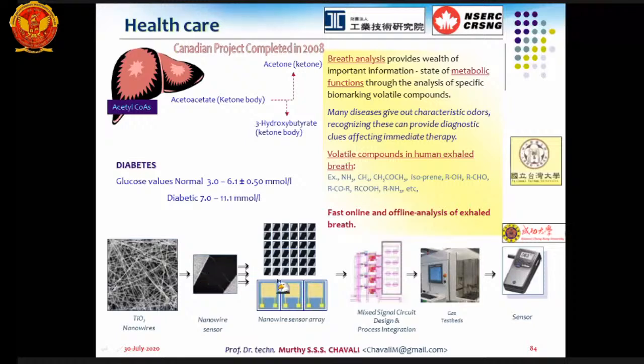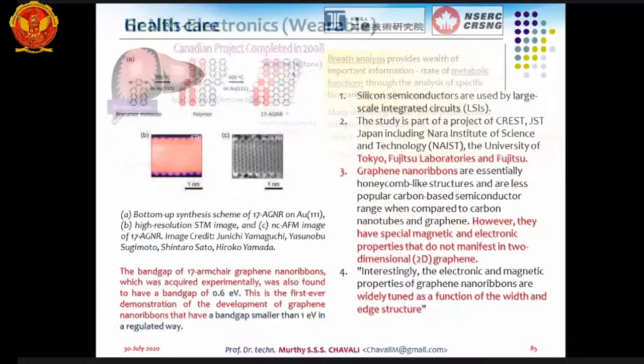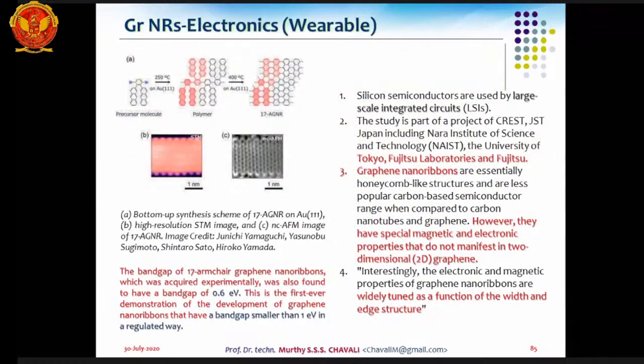So we adopted a strategy to have an array of sensors put together, and then we did some mixed signal circuit designs in Canada, and finally gas test measurements, and finally we developed a typical commercially available handheld sensor which is specifically designed for ethylene, but this works for healthcare and medical purposes for identifying and monitoring diabetes by measuring acetone in the breath. So this is one highly commercialized thing in the healthcare system.